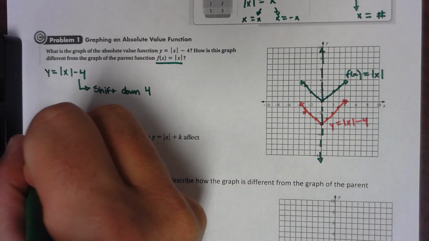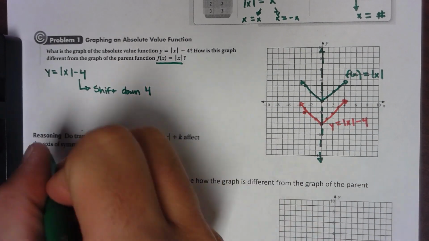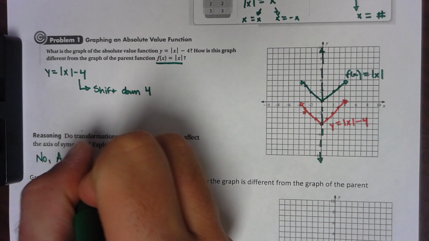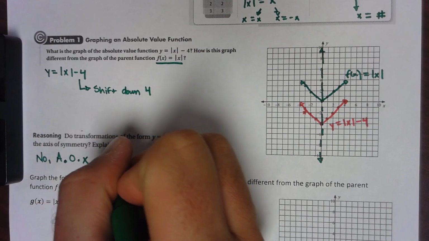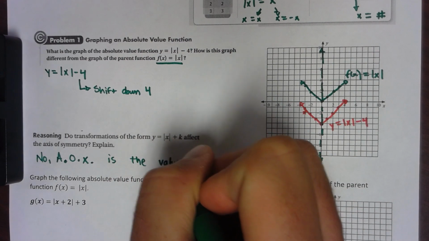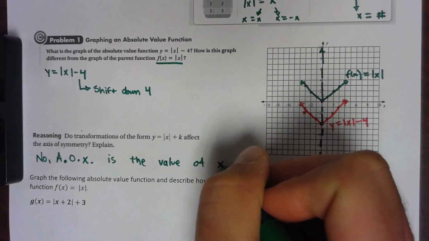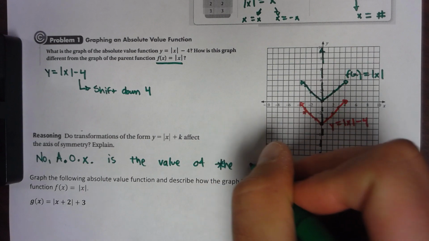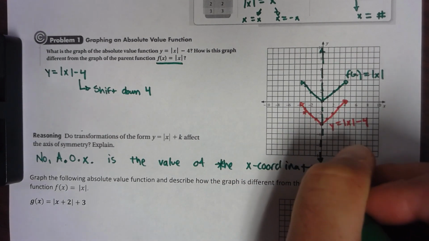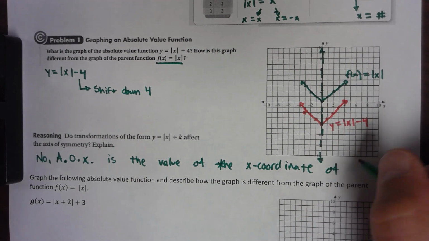The answer is no. And the reason is because the axis of symmetry, I'm going to abbreviate that AOS, is the value of the x-coordinate of the vertex.